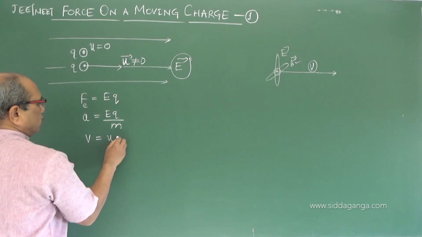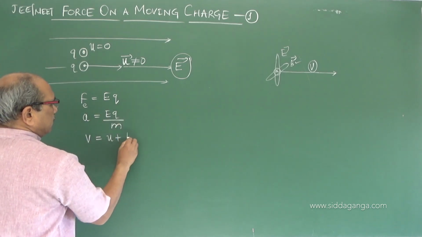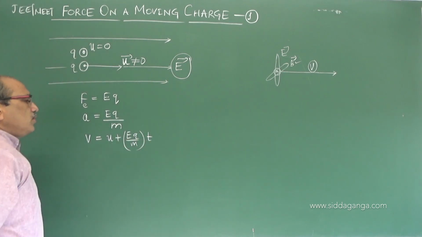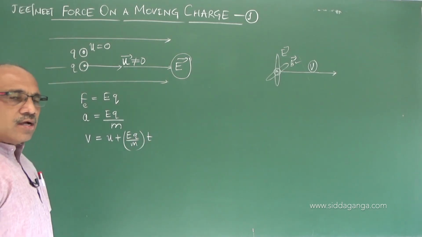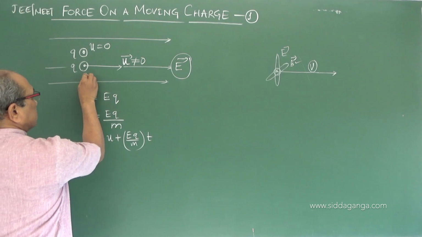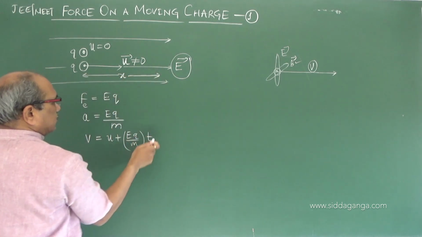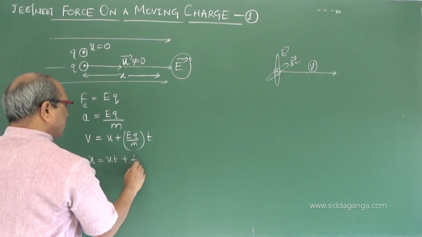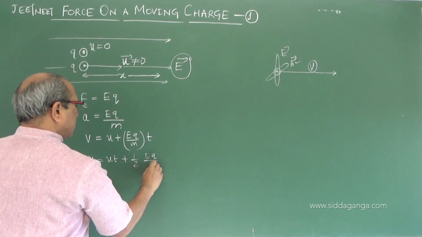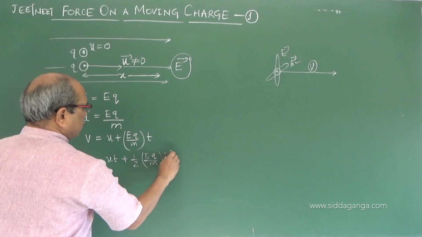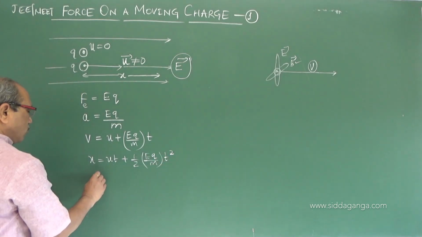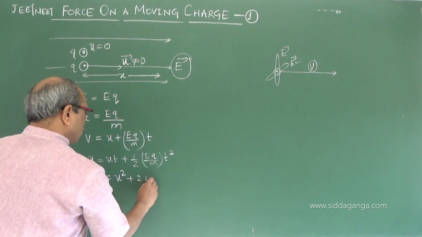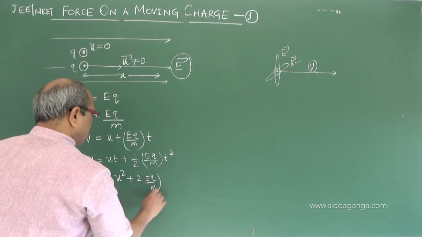V equals U plus at can be written as U plus EQ by M into T, which helps you to know the time. Or the distance covered, if it covers some distance x in certain time t, x can be written as half a t square; in place of a, I can write EQ by M, so x equals half EQ by M into T square. Or you can use the equation V square equals U square plus 2 into EQ by M into x, the distance covered.